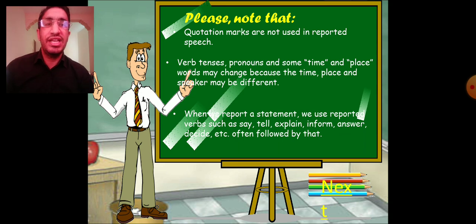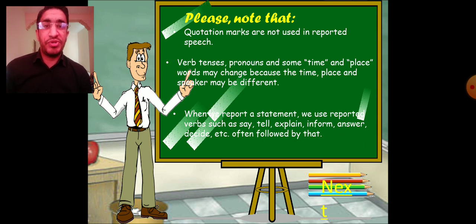All right? Good. In order to report, we need to use some verbs, and these verbs should be related to the reported speech. These words are usually like said or tell, but of course there are others like explain, inform, answer, decide, etc. And we can follow these verbs with that, or we can't.